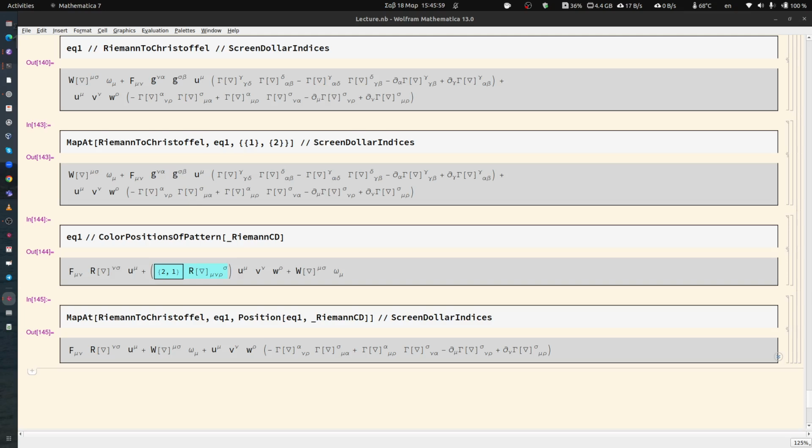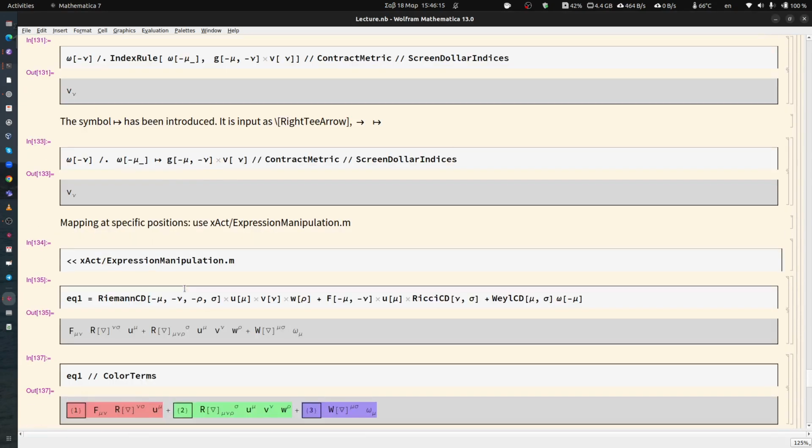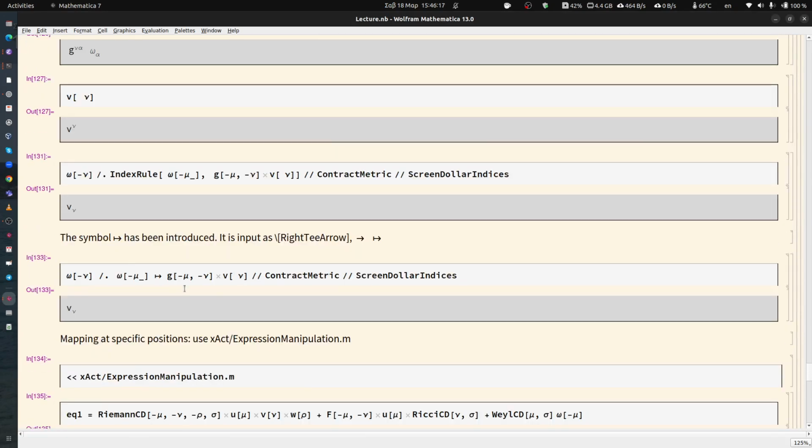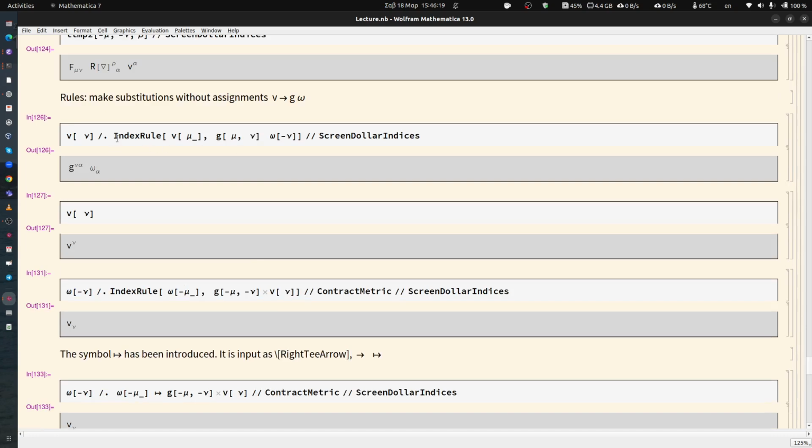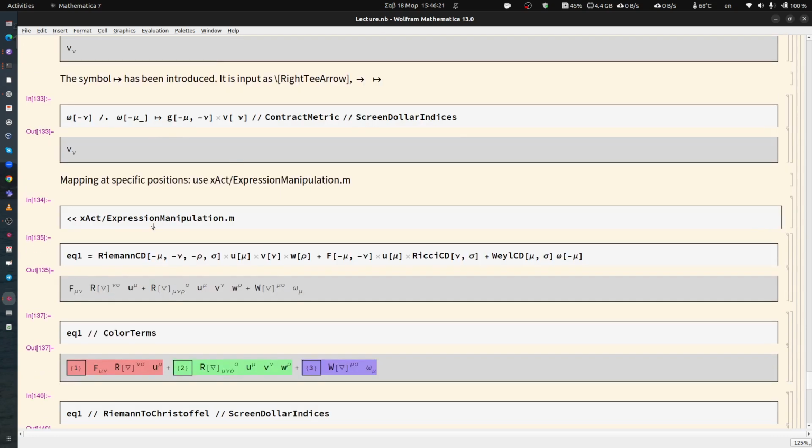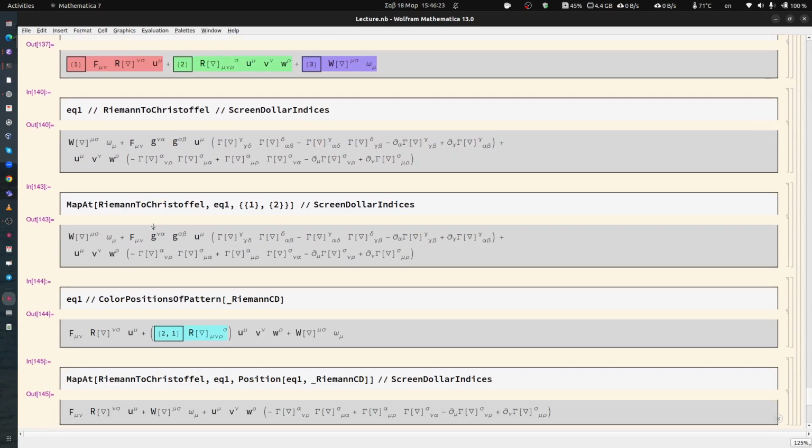Rules and the substitutions made by them are very important things. A more powerful function to construct rules is called MakeRule. So we have seen the function IndexRule, but now I will show you how to use the function MakeRule.